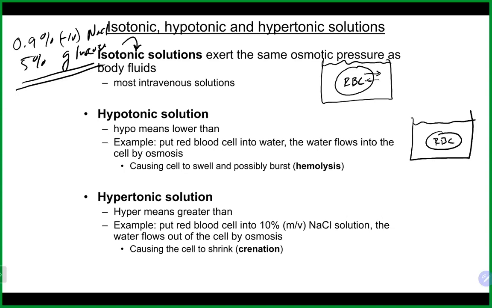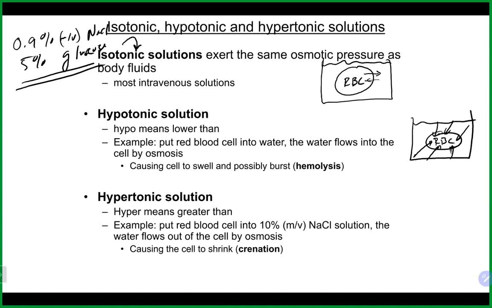Outside the cell is less concentrated, so it's going to send all its solution into the cell, because it's more concentrated inside the cell. The result of that is not so great, because then the cell is going to swell and probably burst, which is known as hemolysis. And that's the flow of all those solvent molecules inside it.